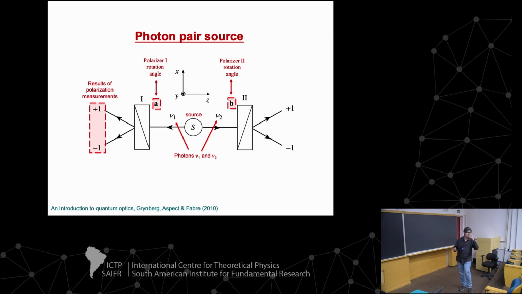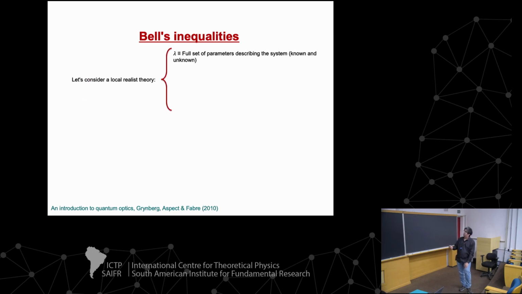Your vertical output in the polarizer is +1, the horizontal output is -1. Then you have some rotation angle for your polarizer that I put here as A, and for polarizer 2 as B.